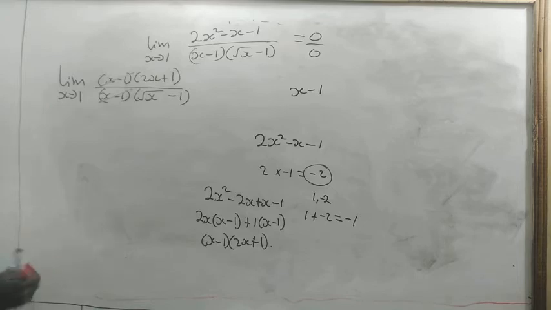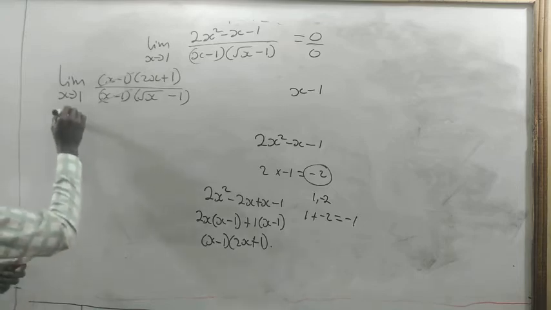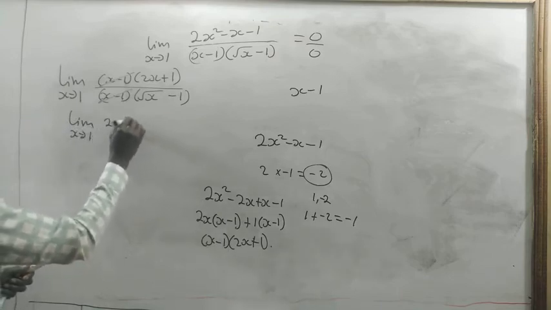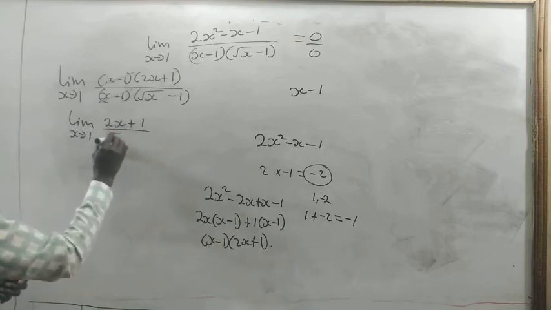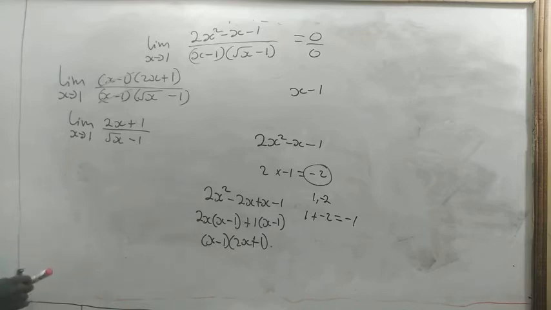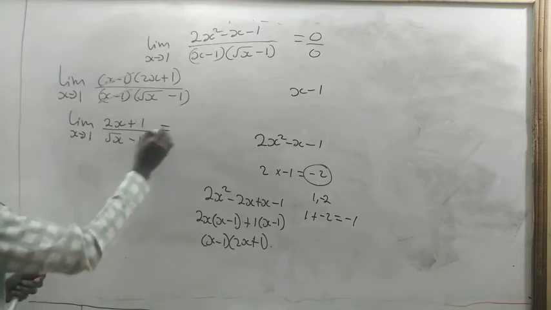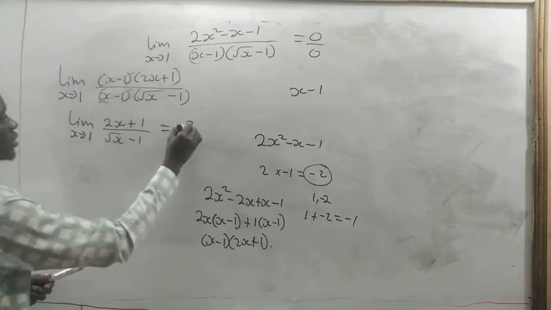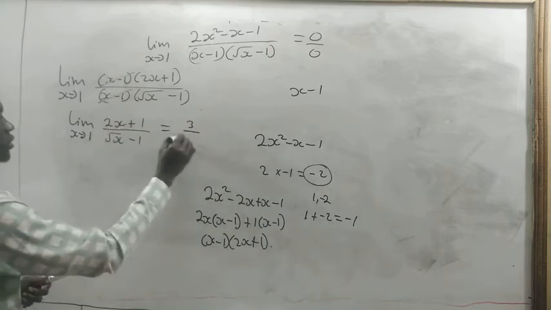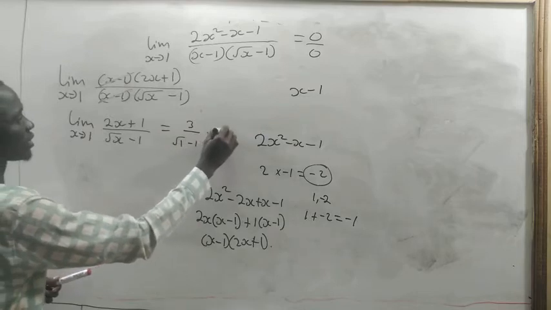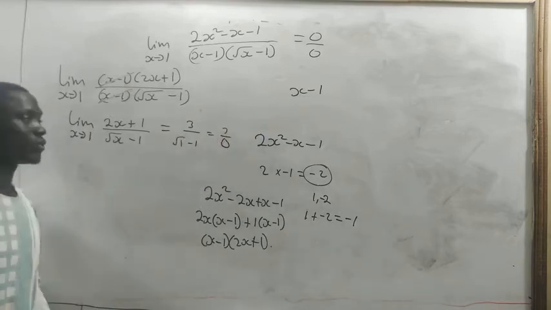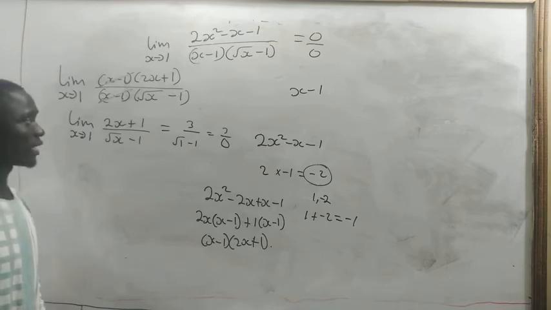So you'll be left with the limit as x approaches 1 of 2x plus 1 divided by the square root of x minus 1. Now, can we do direct substitution? Let's see. We put in 1: 2 times 1 is 2, plus 1 is 3. In the denominator, square root of 1 minus 1 gives us 3 divided by 0. That will be undefined.